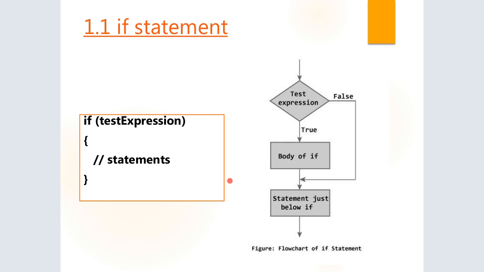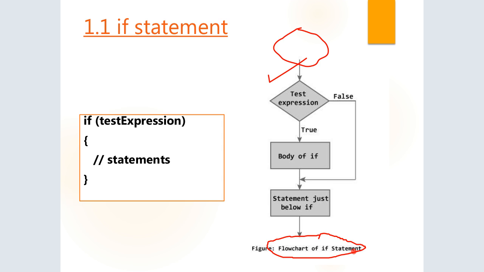So for the if statement, this is the flowchart. There's an entry here. Most of the time we use an oval there just to show the beginning of the program, and of course another one here just to show that the program is coming to an end.